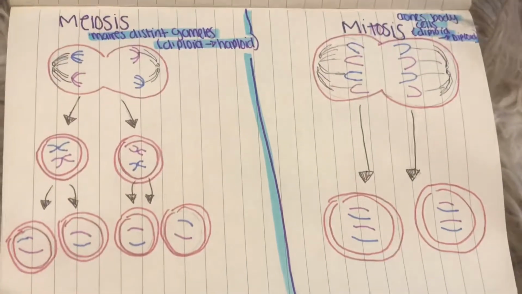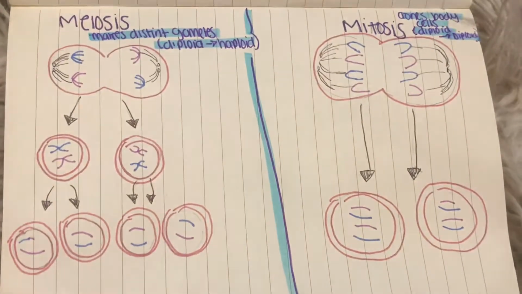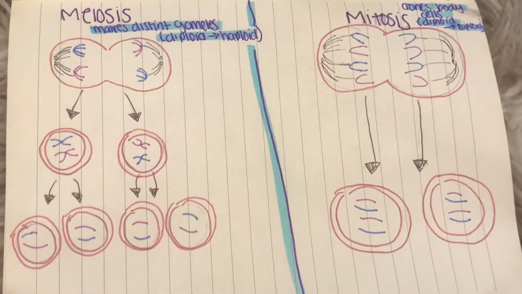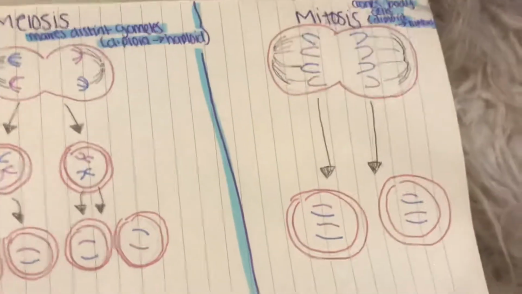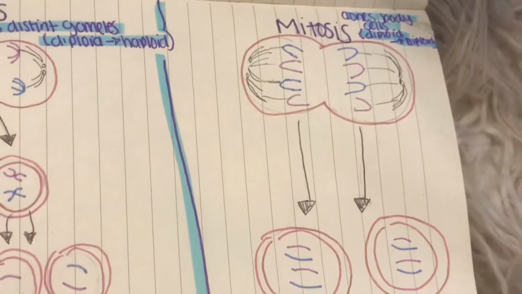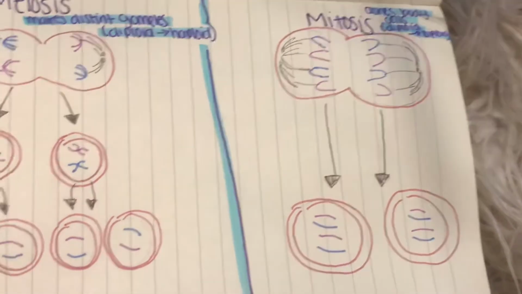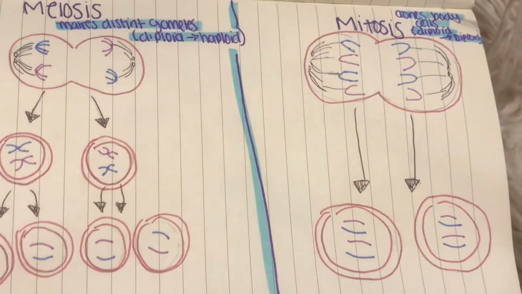The production of 2 cells includes both meiosis and mitosis, but they're different in many ways. Starting off with mitosis, it only has 4 stages, plus the interphase, and it happens in somatic cells. Its purpose is only to proliferate its cells.